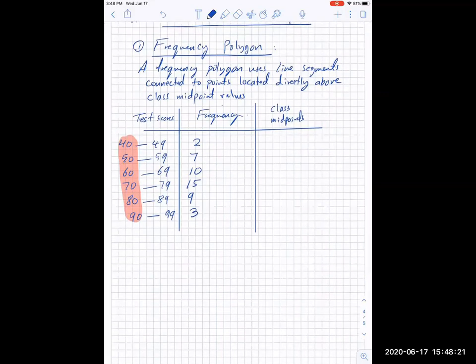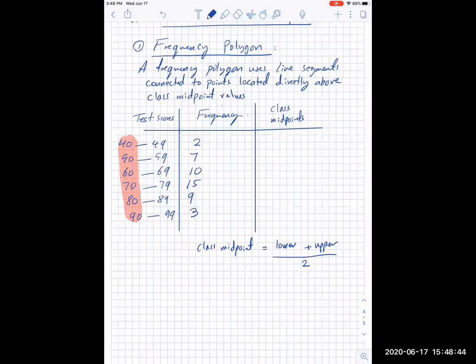Again, class midpoints, guys, if you remember from yesterday, the class midpoint is lower plus upper divided by 2.